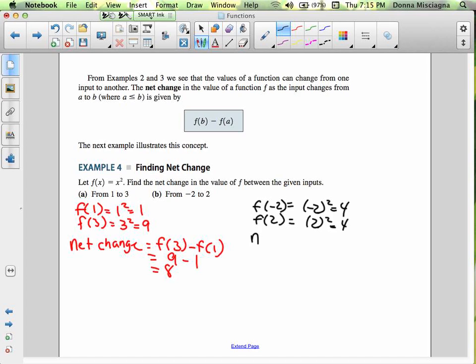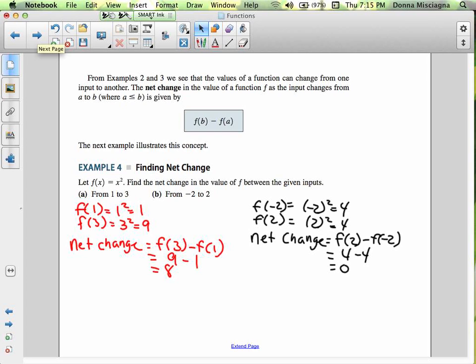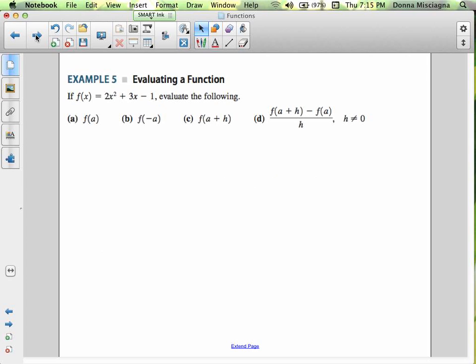So here the net change is equal to f of 2 minus f of negative 2, which is 4 minus 4, or 0. All right. So there's no net change, right? This would be a horizontal line. Whether you square negative 2 or positive 2, you get the same value.